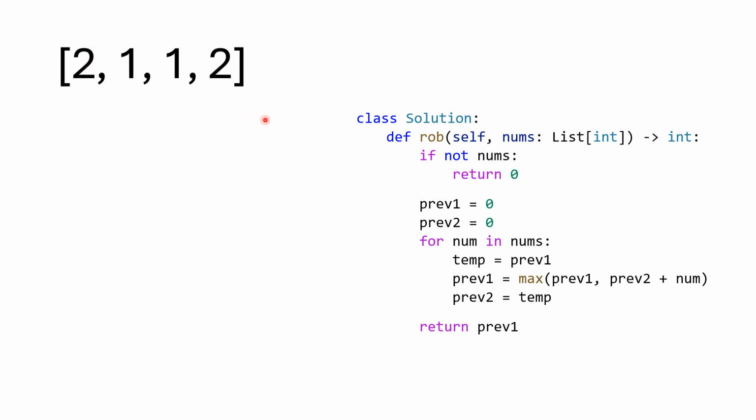My initial solution was that I sum up all the odd numbers and sum up all the even numbers and compare which one is higher, and the higher one will be the one we rob. So either we rob from the odd number houses or from the even number houses, but it's not the case for this one, because in the end you want to steal from number 2 and number 2, to have a total of 4, rather than an odd number of steal or even number of steal.